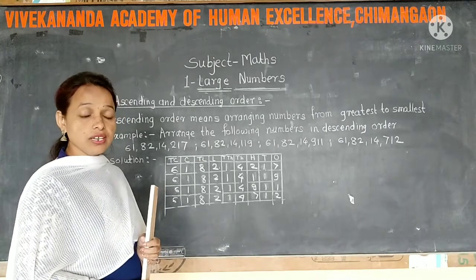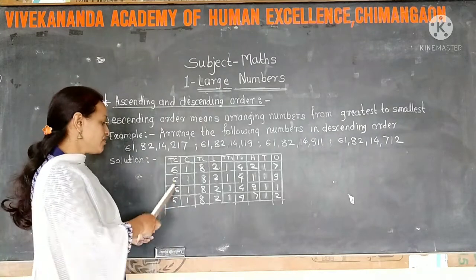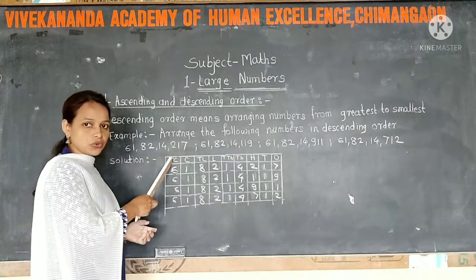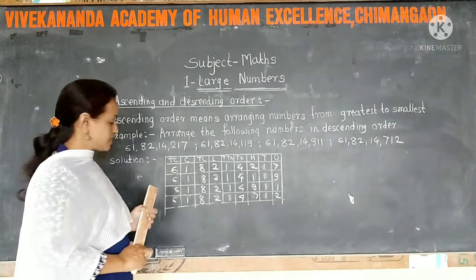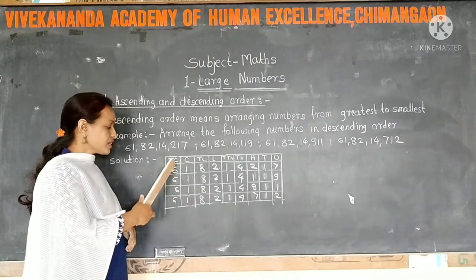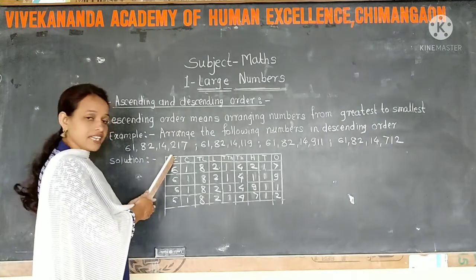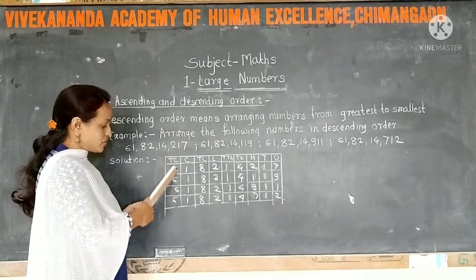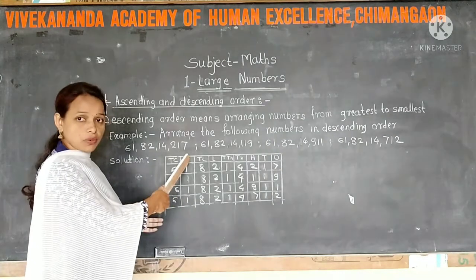So first of all, we will compare its leftmost place. Means here leftmost place is 10 crore. So we will compare digit in 10 crore place. So if you observe, digit of these 4 numbers at 10 crore place is 6. So here it is the same. Now we will check crore place.